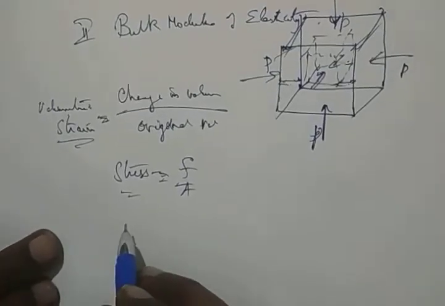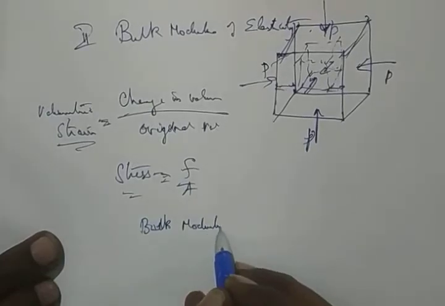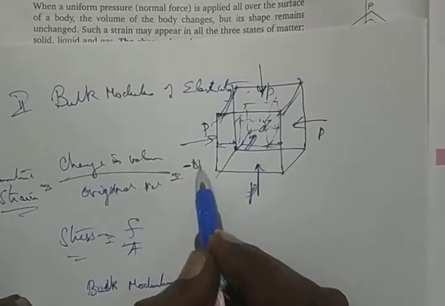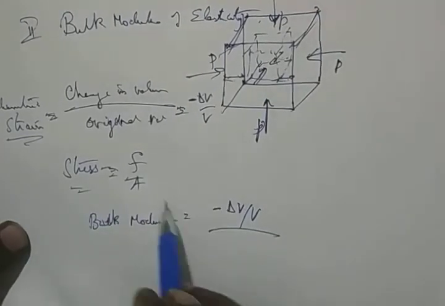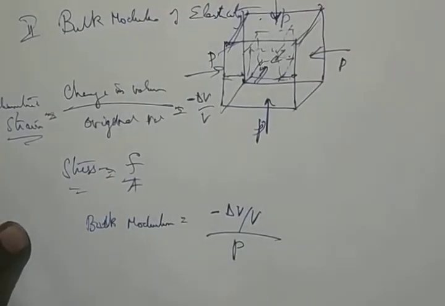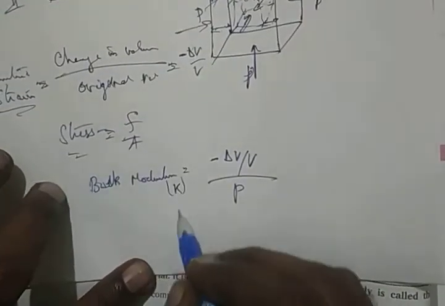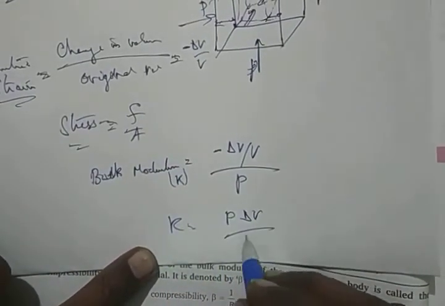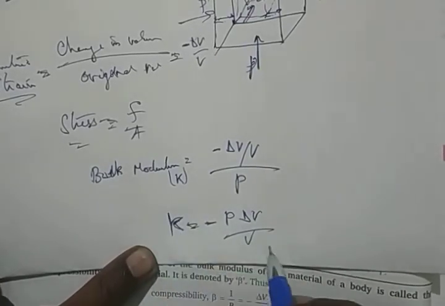So bulk modulus is going to be equal to the volumetric strain, which is minus delta V by V, upon force upon area. We can write it as pressure itself. Right? So this is called K. K is going to be equal to P upon minus delta V by V. This is called bulk modulus.